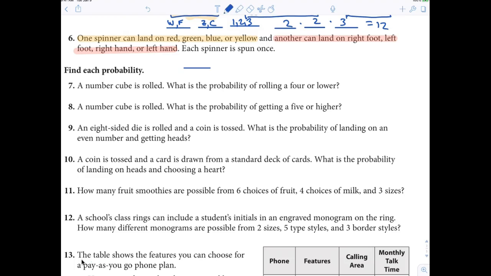That's why you're having the 2 line segments here. Now, for this spinner, how many choices do you have? It can be what? 4 choices. That's correct. And on the second spinner, you can have what? That's correct. So how many different options are there if you spin both spinners? That is the answer. All right.